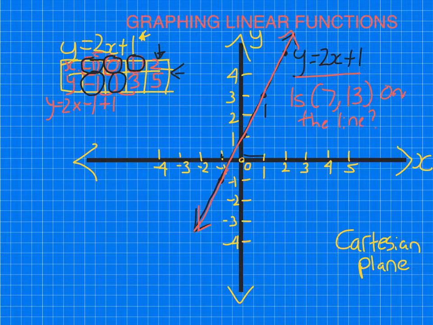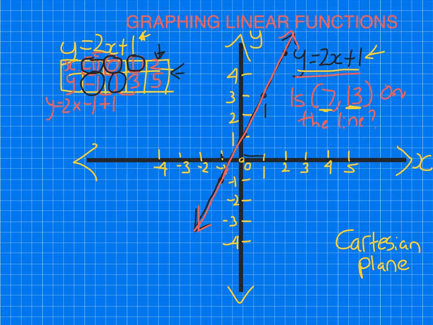Okay, so I can tell that pretty easily because I just told you that y equals 2x plus 1 is a line and it is all of the points, all the x and y coordinates that if you substitute into this equation, they make it true. So what I mean by that is this point will lie on the line if I substitute the x value and the y value into this equation and it makes a true statement.